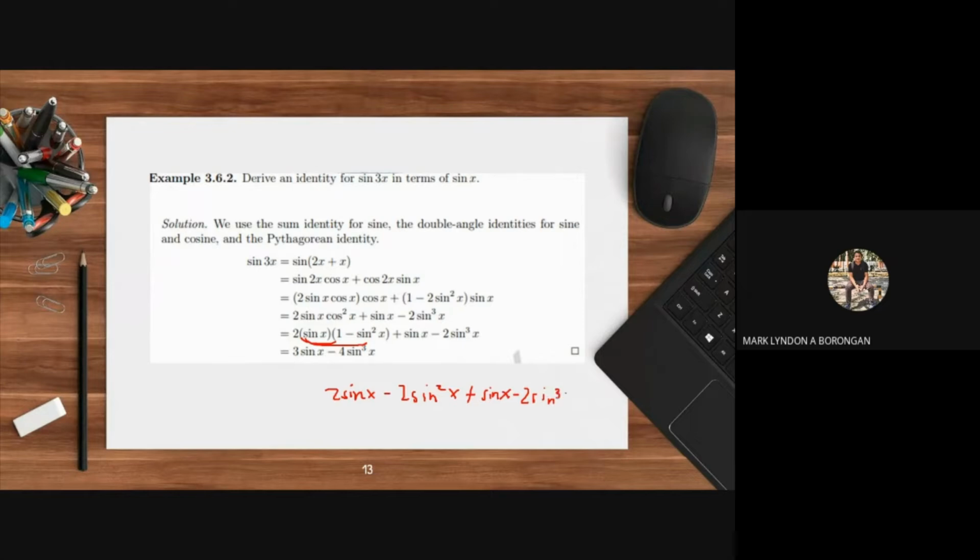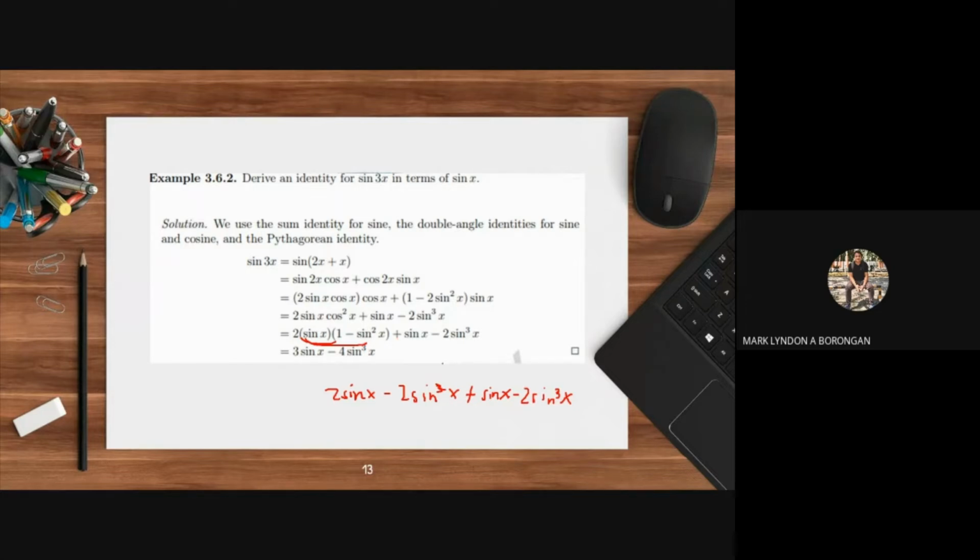Wait, when we multiply 2 sine x by negative sine squared x, it becomes sine cube, because sine times sine squared is sine cube.